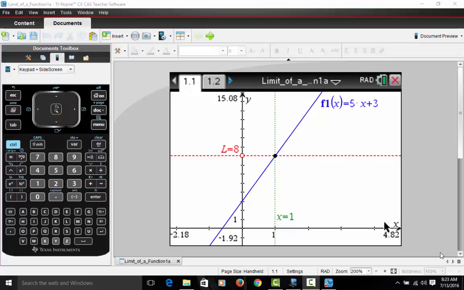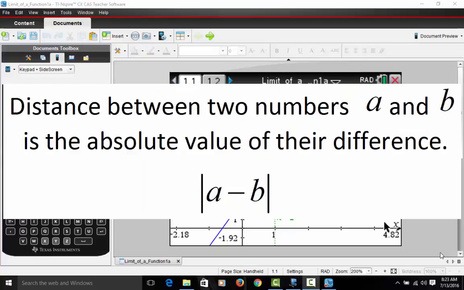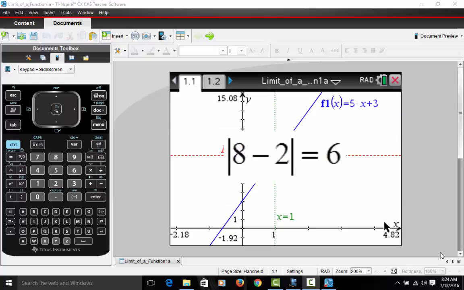Well, by close to 8, we mean that the distance between the values of f of x equals 5x plus 3 and 8 is small. Mathematically, we define the distance between two numbers as the absolute value of their difference. For example, the distance between 8 and 2 is the absolute value of 8 minus 2, or 6.